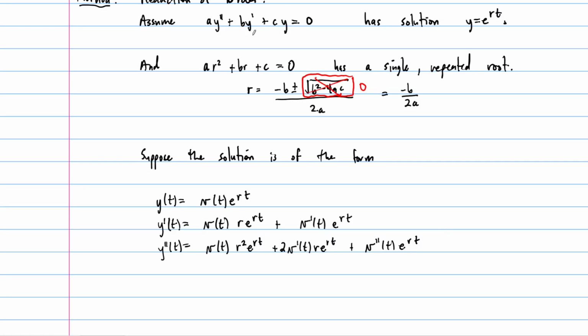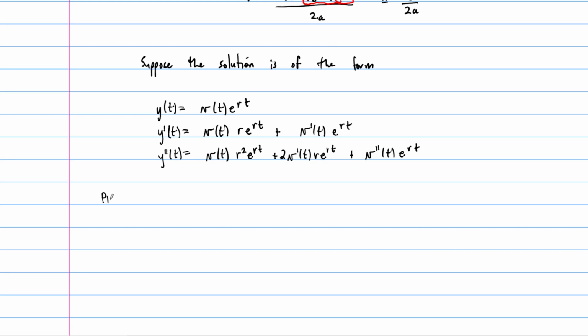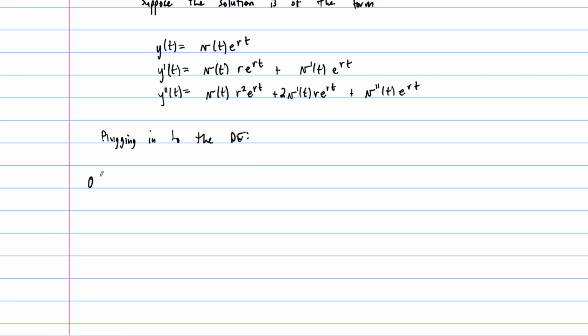So remember, our differential equation is a y double prime plus b y prime plus c y. And we know that that equals 0, right? So plugging in to the original differential equation, we have 0 on one hand is equal to a y double prime plus b y prime plus c times y. And let's just write this all out, right? So it's going to be a times this bottom one. So a times, I'm just going to write v here and drop the of t just for the sake of writing here.